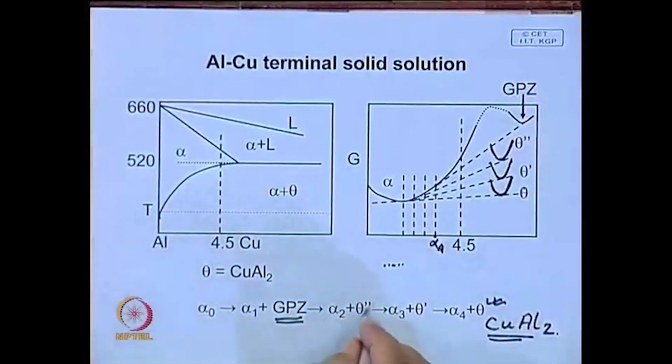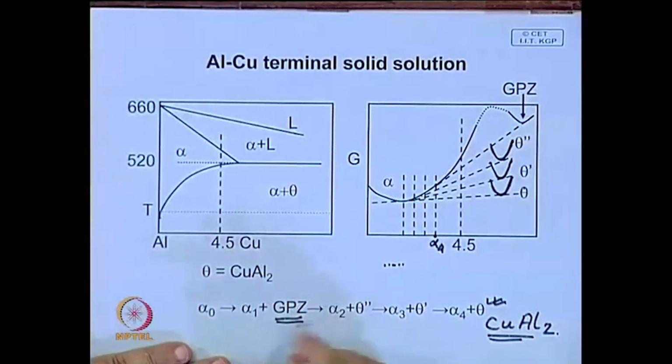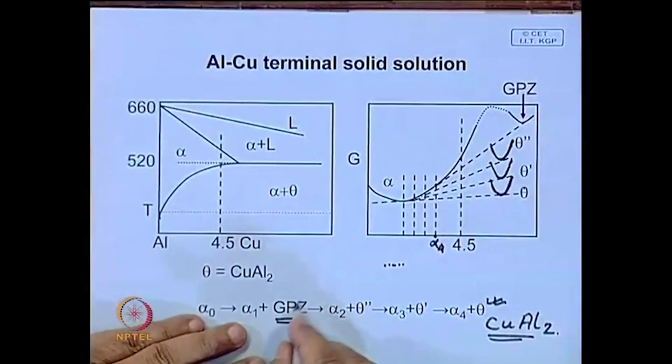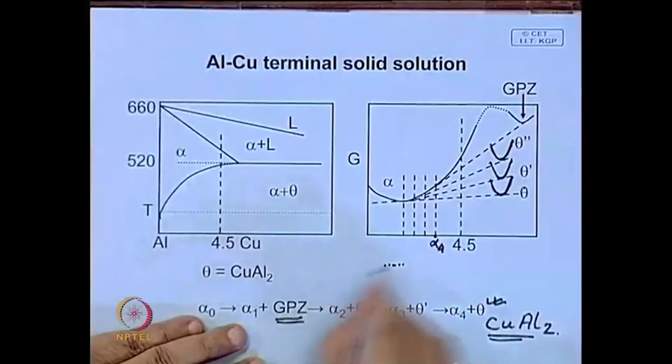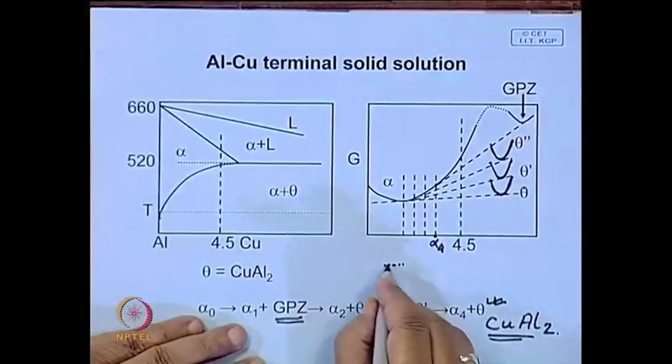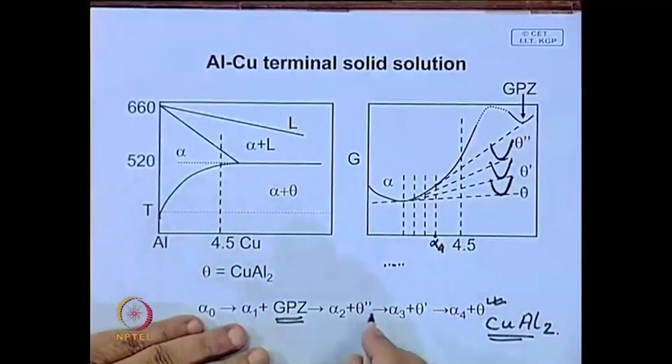When these precipitates form, the GP zone is just a cluster of copper atoms, but its crystal structure will be very similar, since copper also has a face centered cubic structure and aluminum has a face centered cubic structure. But it is very thin, maybe one monolayer, just a cluster of a few copper atoms in the aluminum lattice.